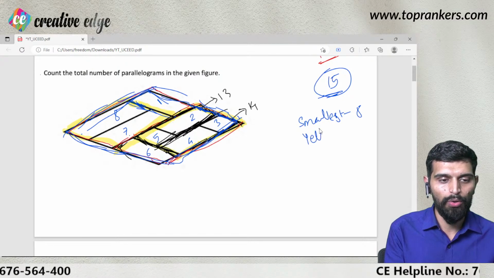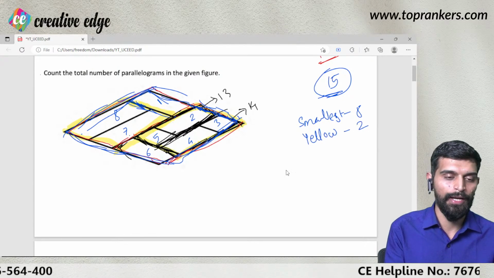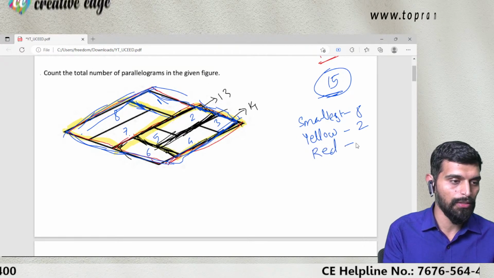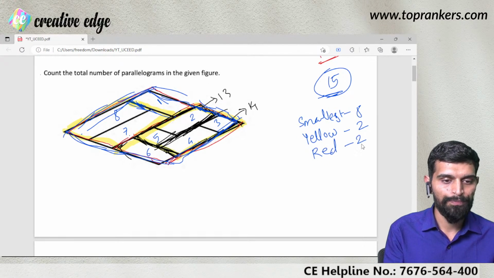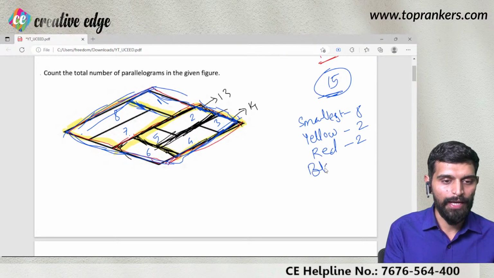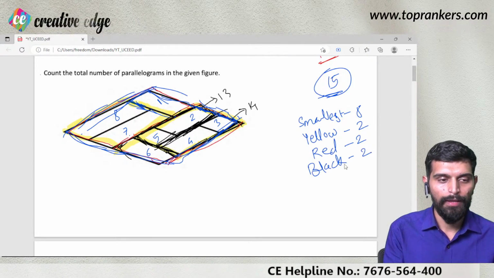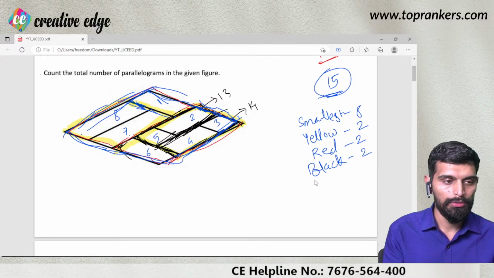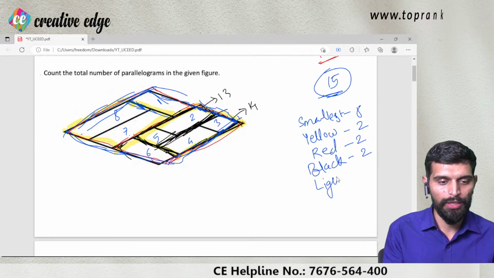Then two I highlighted in yellow, two with red, two with black, and with this lighter version of blue, light blue, is 1.